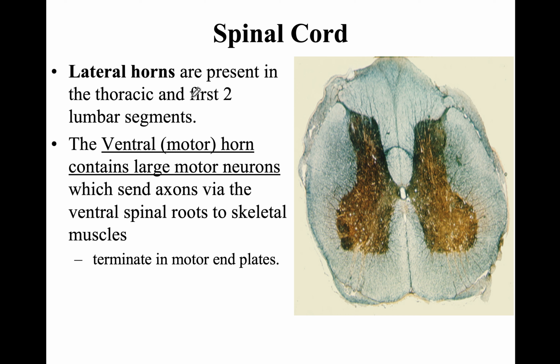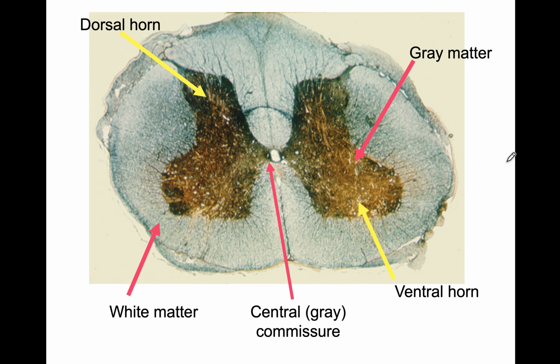In the area of the thoracic and first lumbar region, we have another horn found in this area here. We call it the lateral horn, and this lateral horn plays a role in the formation of the autonomic nervous system. So this is the gray matter, white matter.